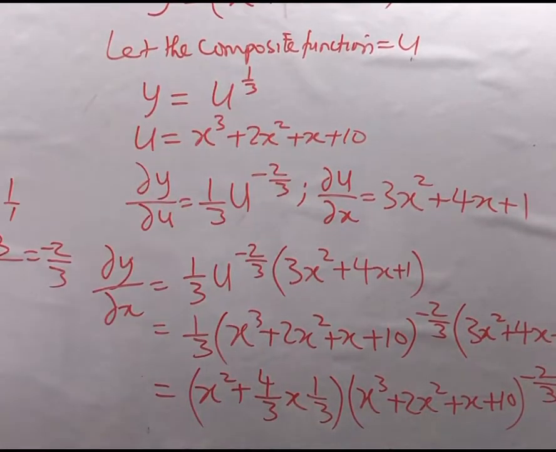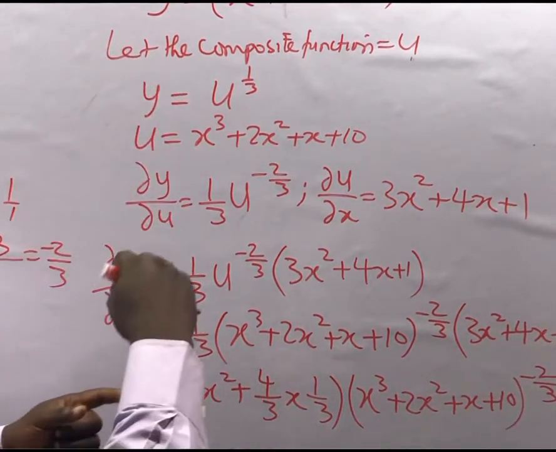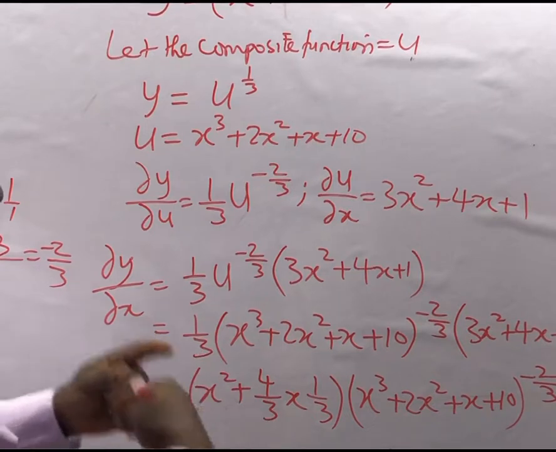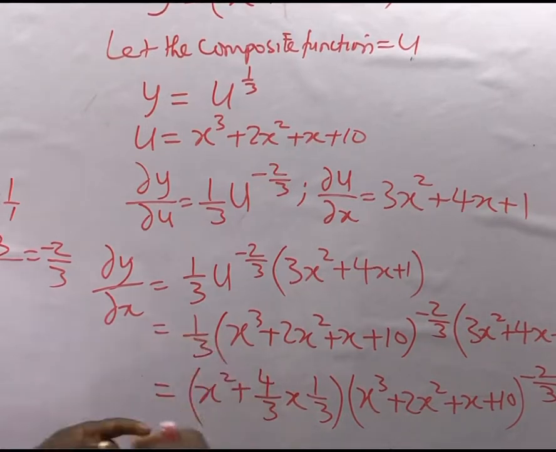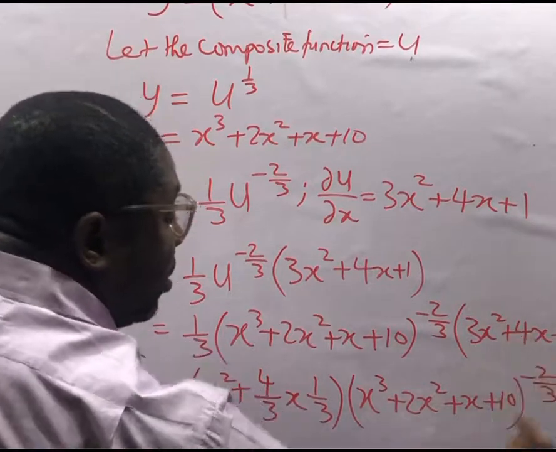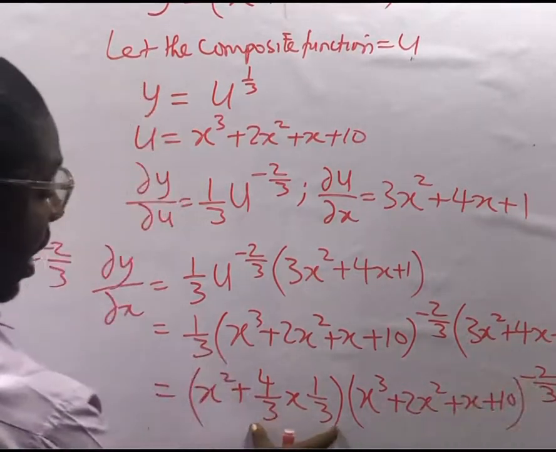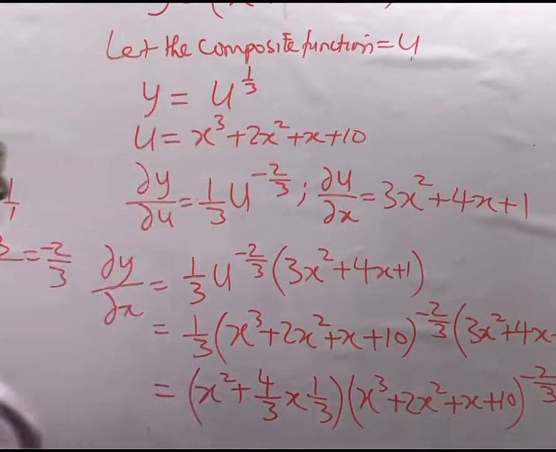All right, now because we're having minus 2 all over 3, we're going to change it to a fraction. It means that this should go under. According to the laws of indices, we can rewrite this.